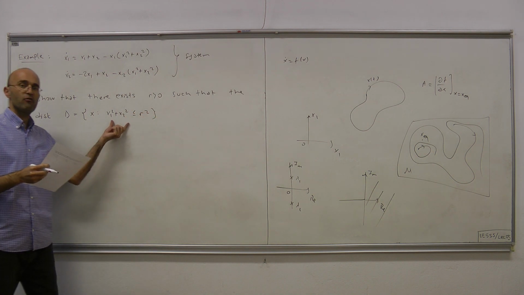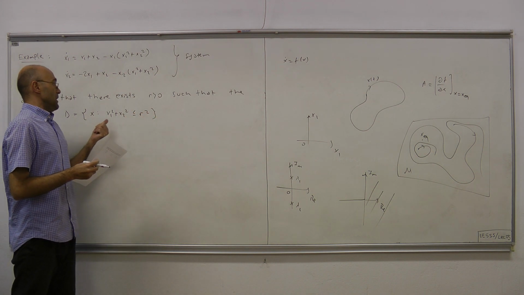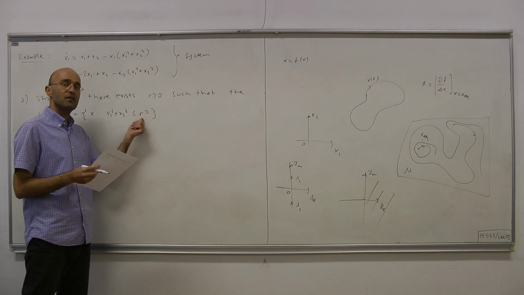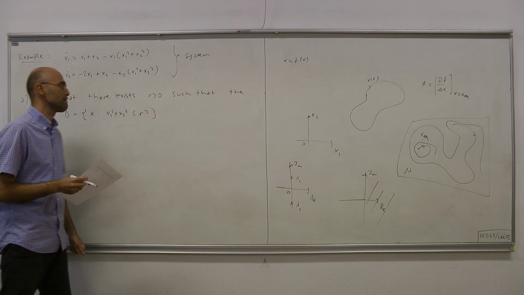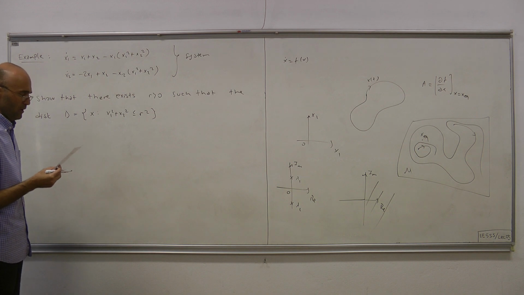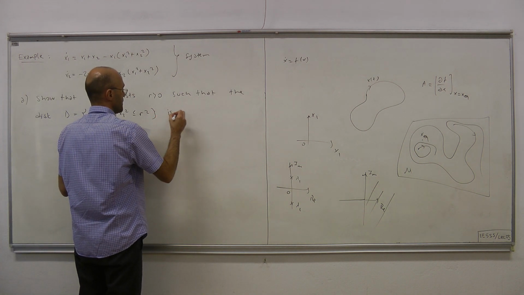Basically, this is the set of points in R2 whose Euclidean distance from the origin is not larger than r. This is the Euclidean norm squared.